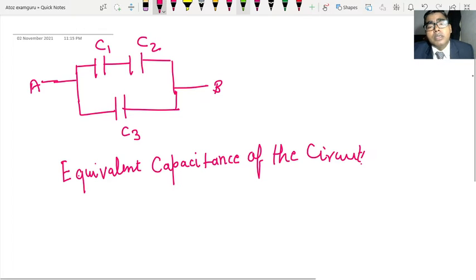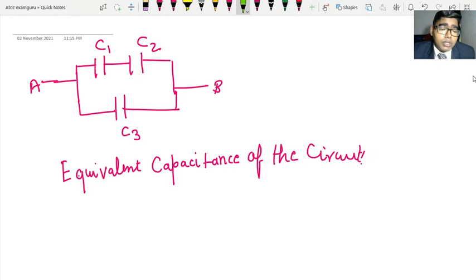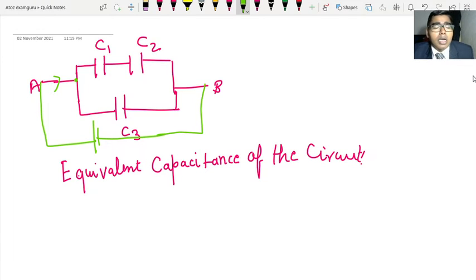If you remember my previous two lectures, in which I explained the series combination and parallel combination in much detail and derived the formula for the same, then start from this node A. I have always told you, if you are in a dilemma about how to recognize which elements are connected in series and which in parallel, simply add a source of supply between the terminals and start the flow of current.